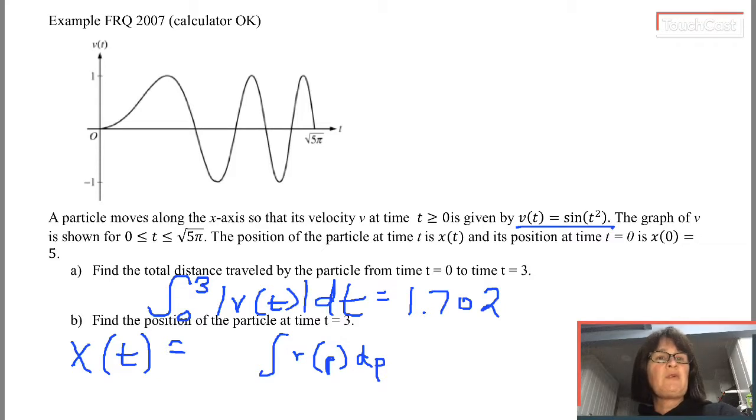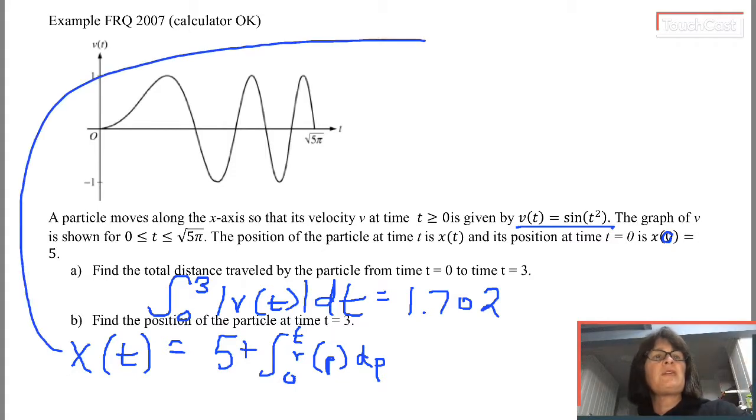My upper limit's going to be t. My lower limit is going to be this x value that I have an output value for, so this was 0. And I know when time is 0, the position is supposed to be 5. So it's 5 plus the integral from 0 to t, v of p dp. And I'm going to come up here to do the last step.